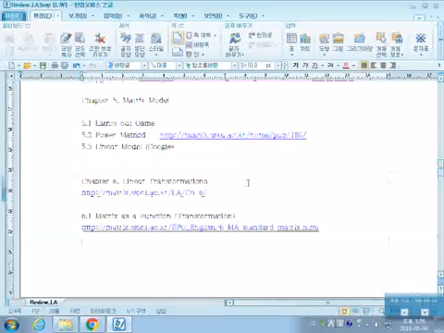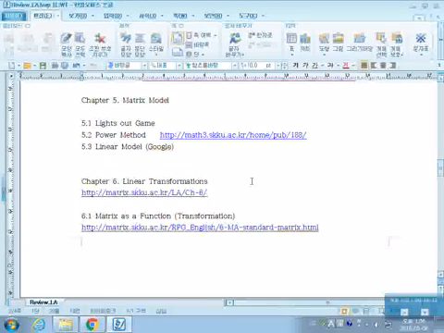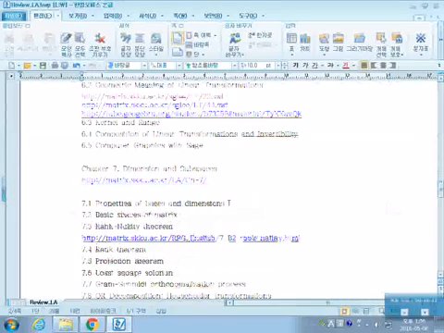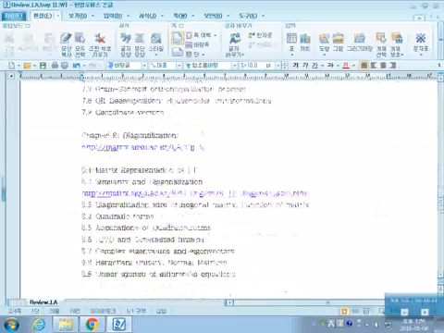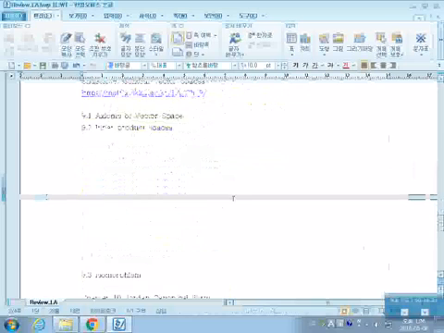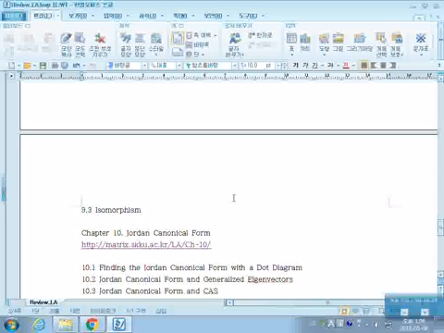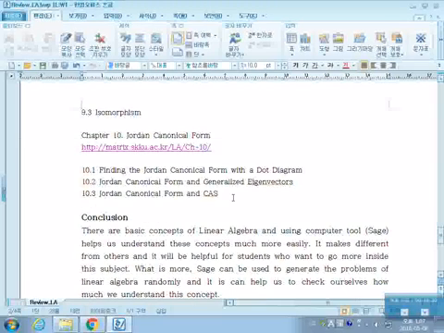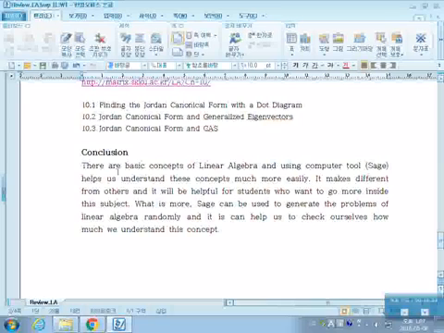Since time is almost finished, I will not go deeper into the following 4 chapters, but it's very useful to use Sage to get this kind of concept and understand it fully. And here are our conclusions.